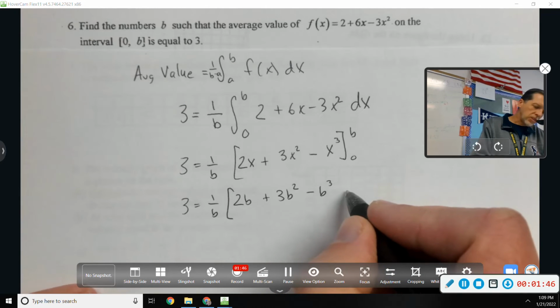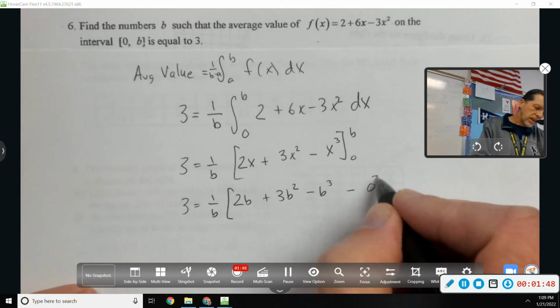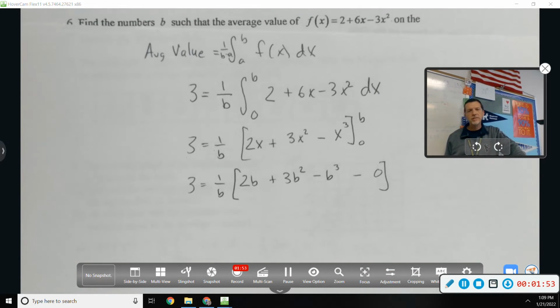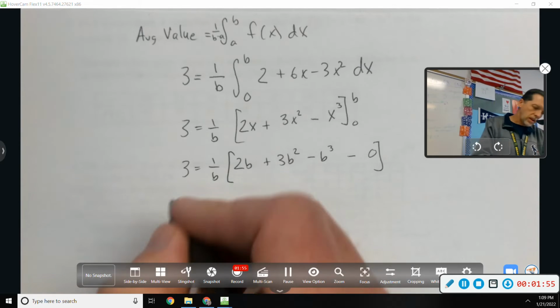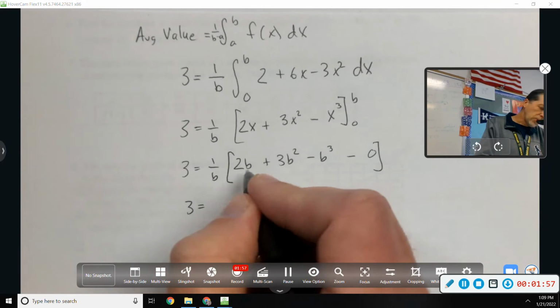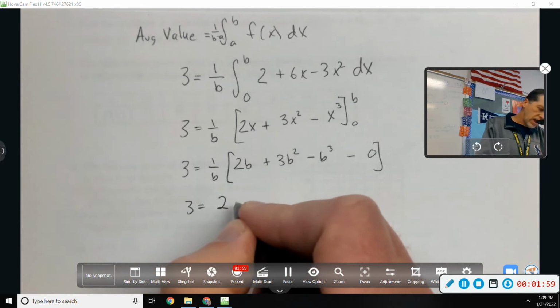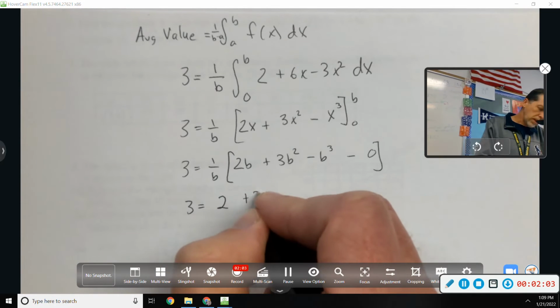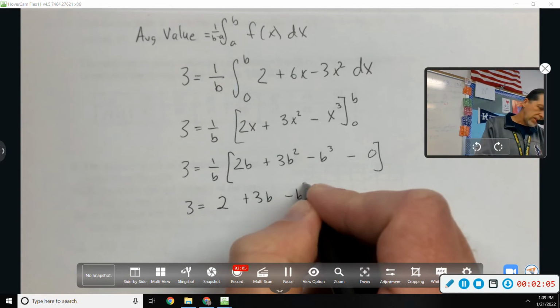If I plug in 0, I just get all zeros, so I'm not going to write all those out. And if I divide through by b, I get 2 plus 3b minus b squared.